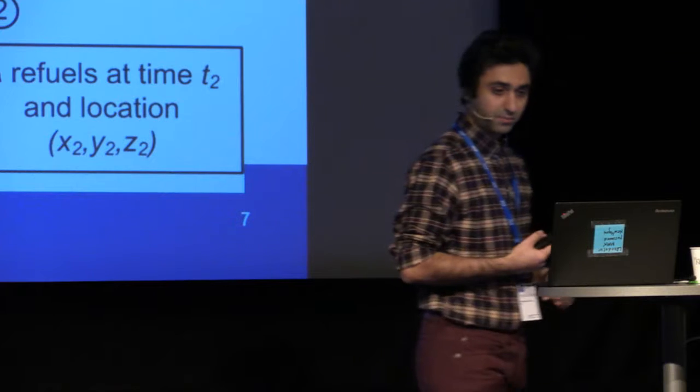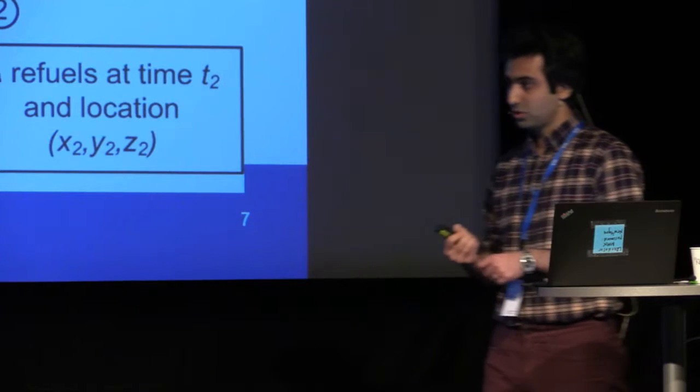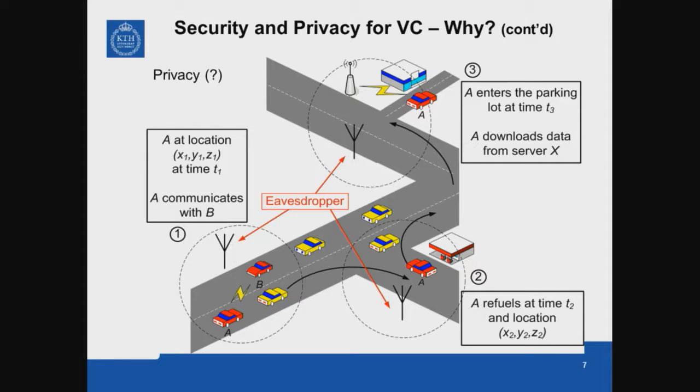And what about privacy? Privacy is also another important issue. As I mentioned earlier, vehicles are disseminating information about their whereabouts. By collecting this information, one can reconstruct the vehicle's trajectory and link the vehicles.